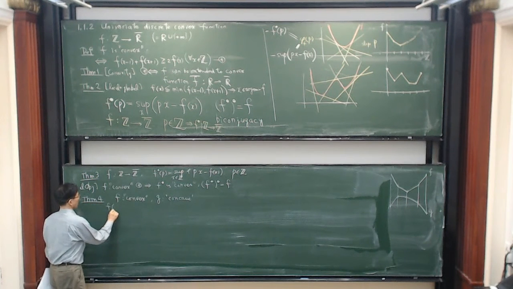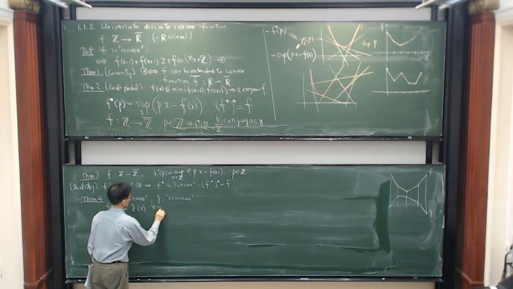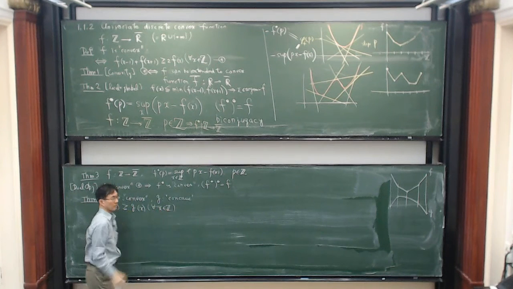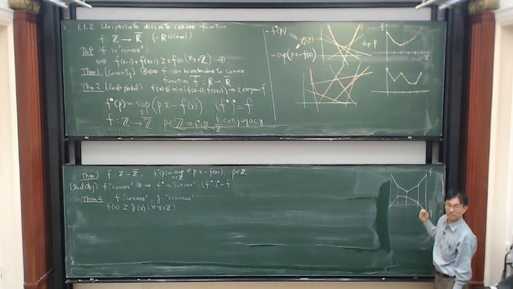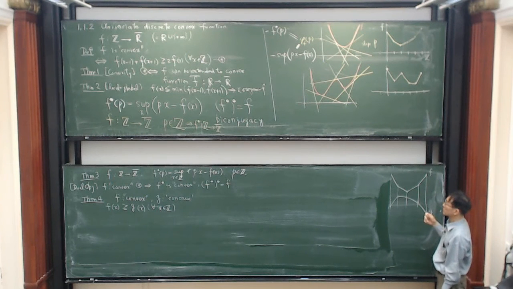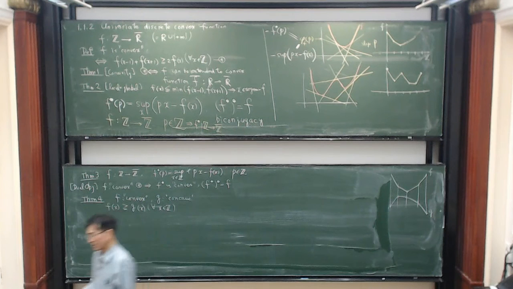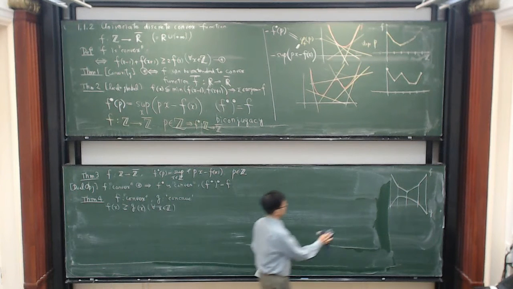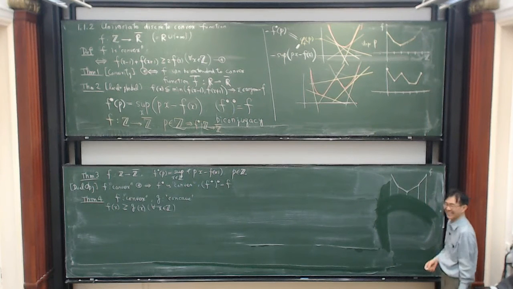And f(x) is greater than g(x) for any x. So it looks like this. f is above g. The maximum of g could be bigger than the minimum of f, right? You mean this way? Oh, I understood. Okay, you're right. It's better to draw that figure.